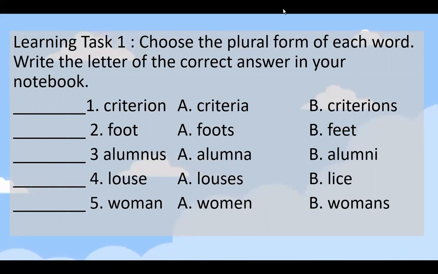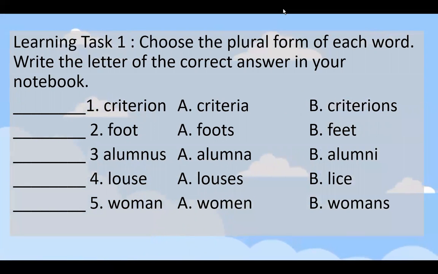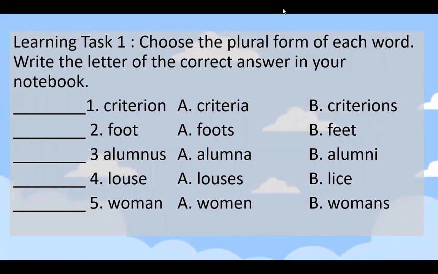The choices are criteria and criterions. Number two, we have foot, and the options are foots for letter A and feet for letter B. Number three, we have alumnus. The choices are letter A, alumna, letter B, alumni. Number four, we have louse.